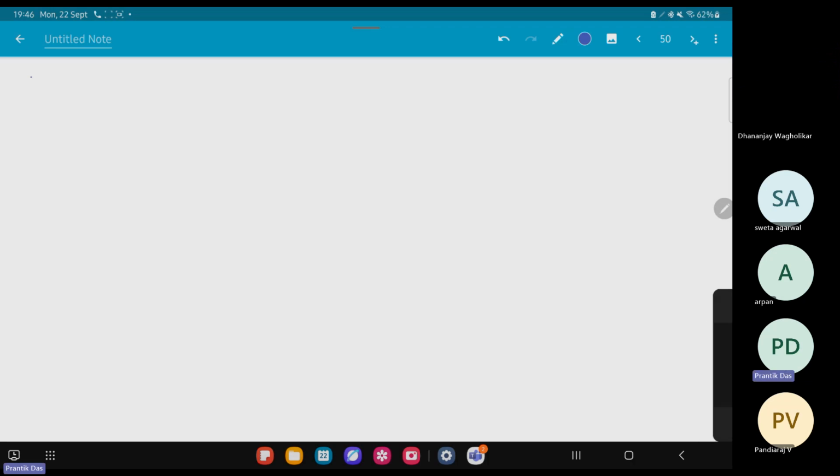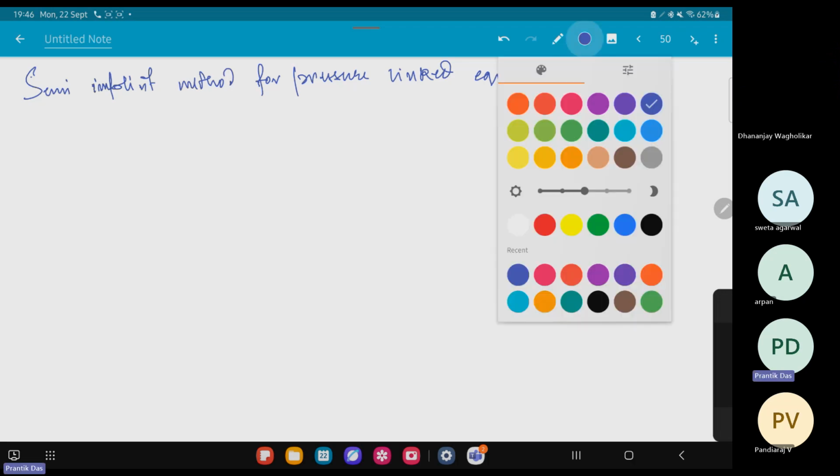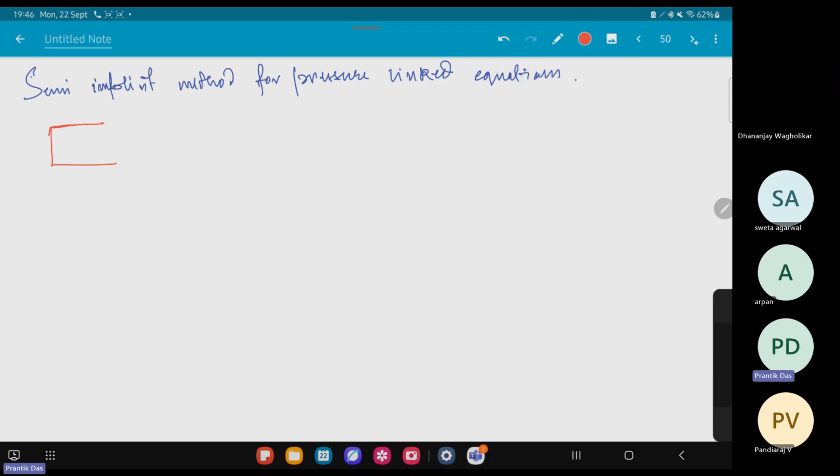So today we are going to talk about the semi-implicit method for pressure linked equations. So as Arpan has said before, there are two concepts.